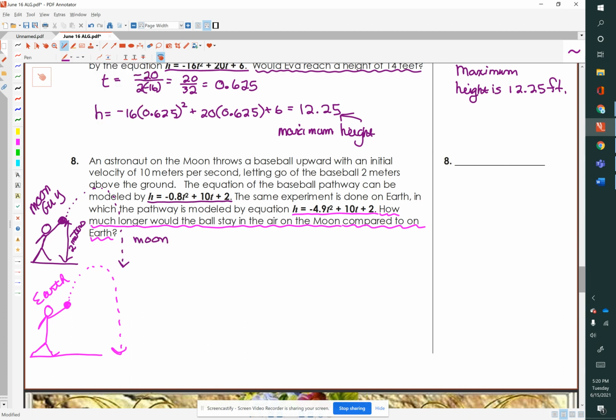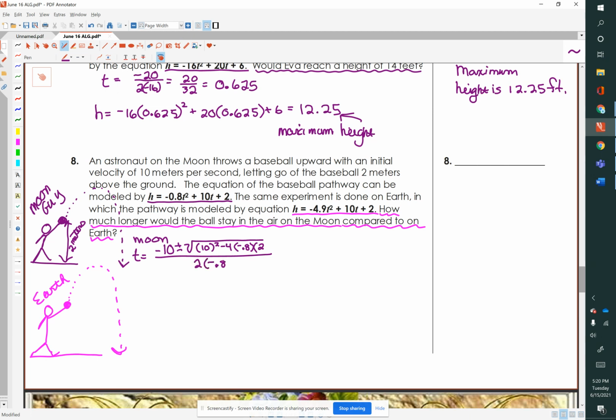So we're going to use the quadratic equation for this. This has already got decimals in it. So we're going to use t equals negative b, so that would be negative 10, plus or minus the square root of b squared minus 4ac, so that would be 10 squared minus 4 times negative 0.8 times 2, and all of that over 2 times a.